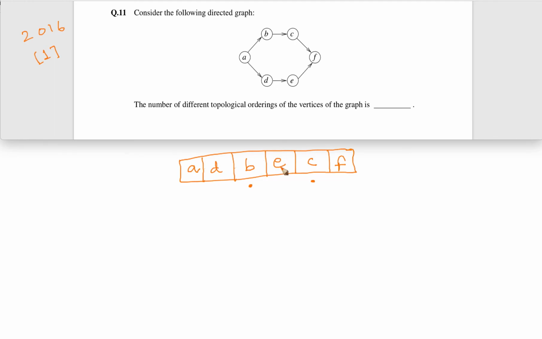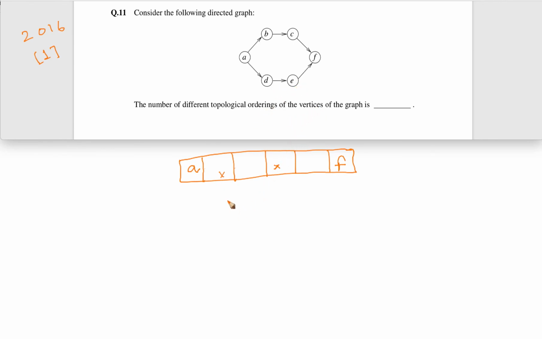So we can quickly understand that the problem boils down to in how many ways we can choose two slots from these four slots, and that is our answer. Once we decide which slots we have chosen, we put B and C there in a particular ordering, B first and C next, and then the remaining slots are filled by D and E respectively in that order.